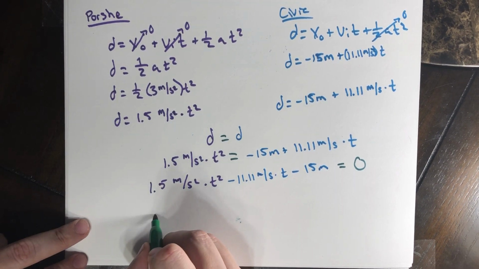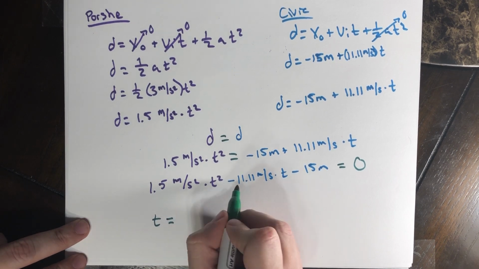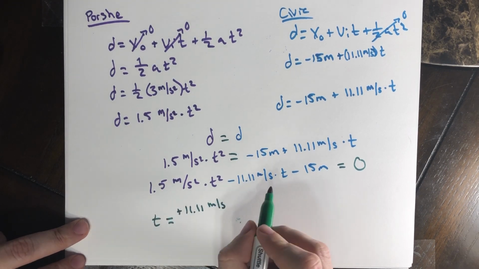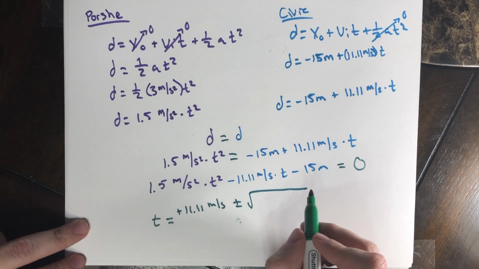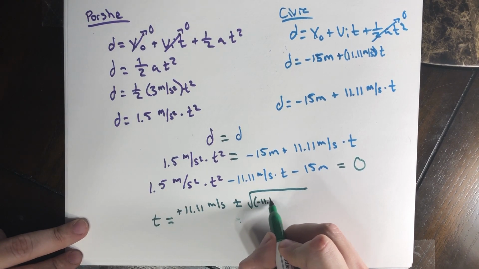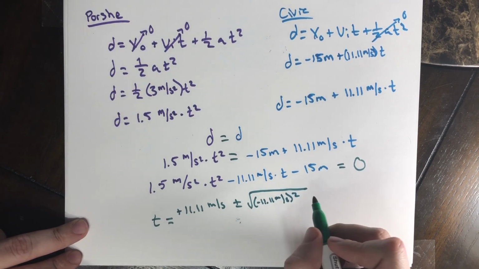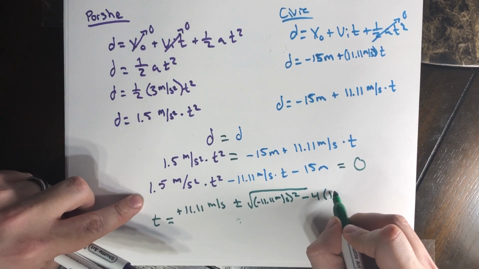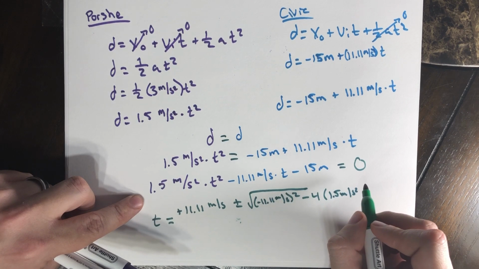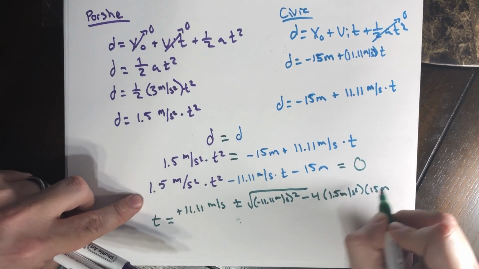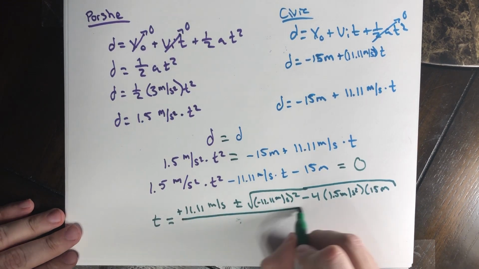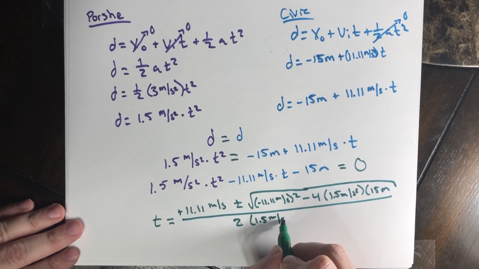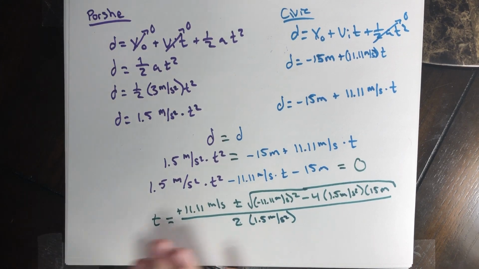So we're going to get t, because that's what we're looking for, is equal to negative b, or negative of a negative is positive 11.11 meters per second, plus or minus the square root of that squared, negative 11.11 meters per second quantity squared, minus 4 times 1.5 meters per second squared, times 15 meters, all over 2 times what's in front of there, 1.5 meters per second squared. Okay. So if we do that, and we actually go through all the math, plug into the calculator.